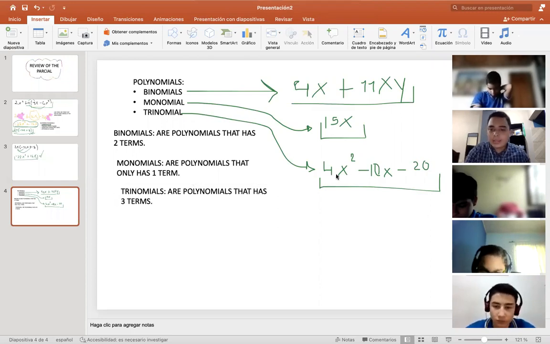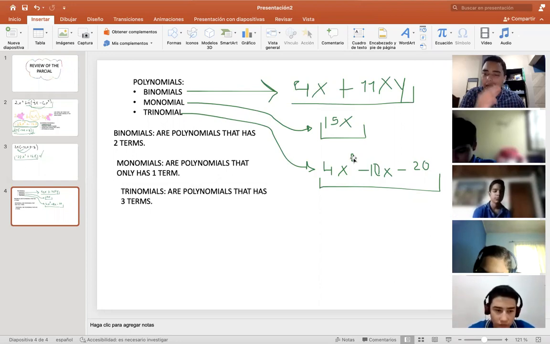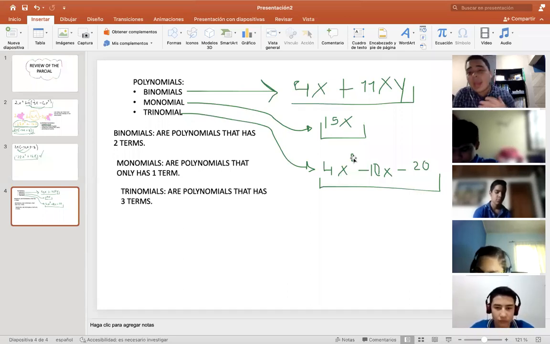And yes, we can see here that 4x squared is one term, negative 10x is another term, and the 20 is another term. So these are the kinds of polynomials that we have.